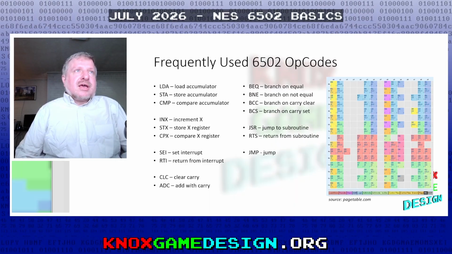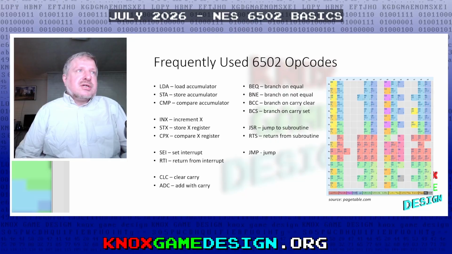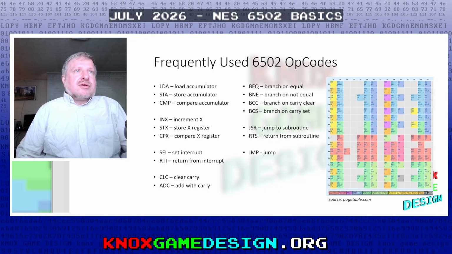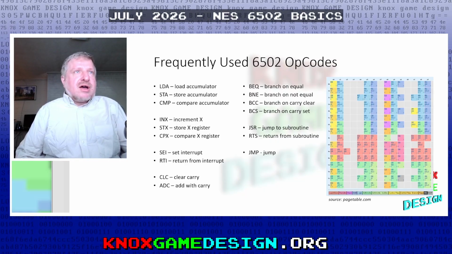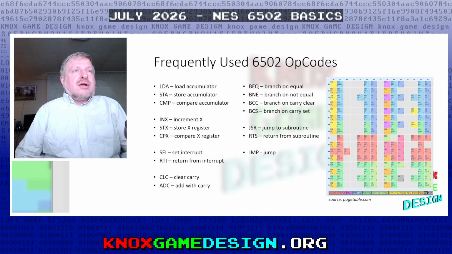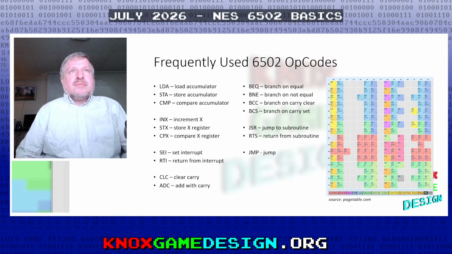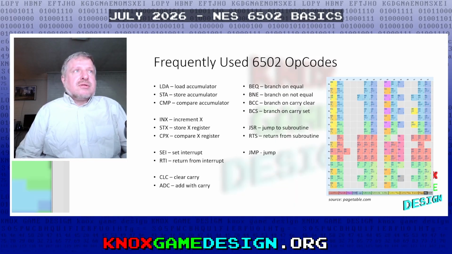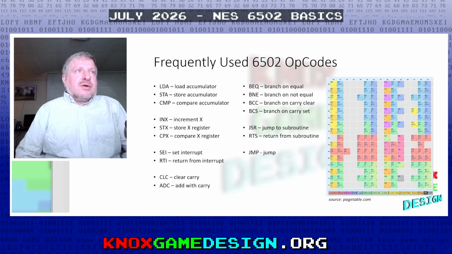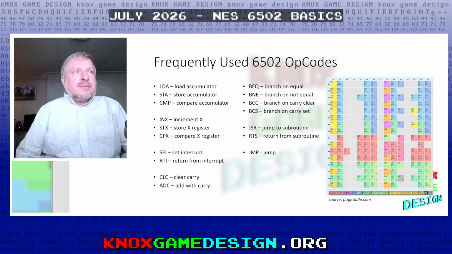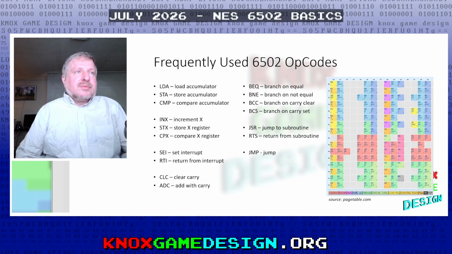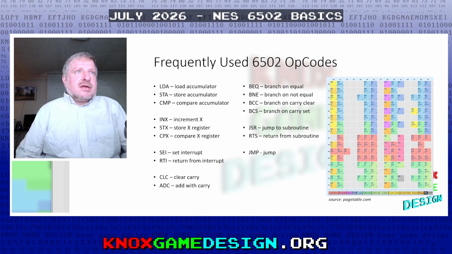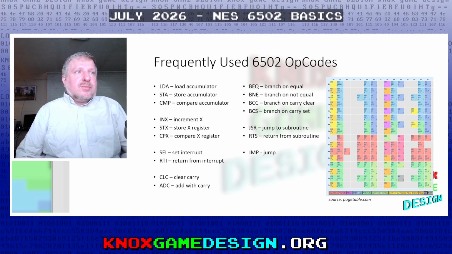STX stores the X register into a memory location, and then CPX is to compare that X register value with another value, then do something based on that, branch to another point in the program. We also have SEI, set interrupt, and RTI, return from interrupt. You'll see this in the NES 6502 assembly.